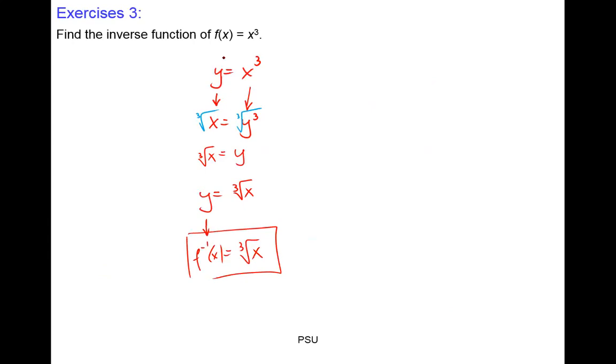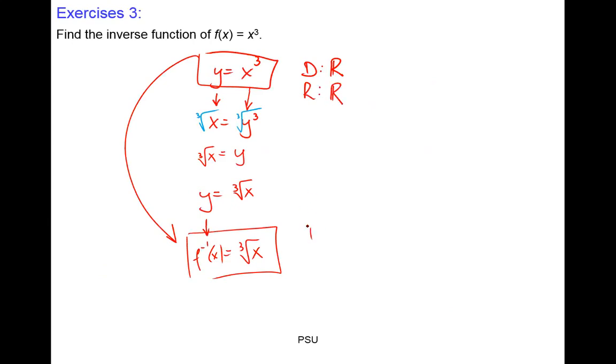And we knew this, that for the function x cubed, the inverse is cube root of x. The domain for this function was all real numbers, the range was all real numbers, so almost nothing to interchange. All real, all real.